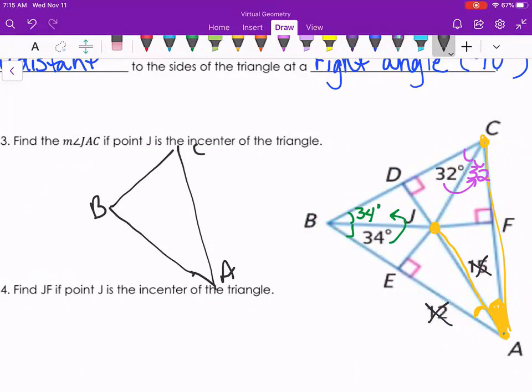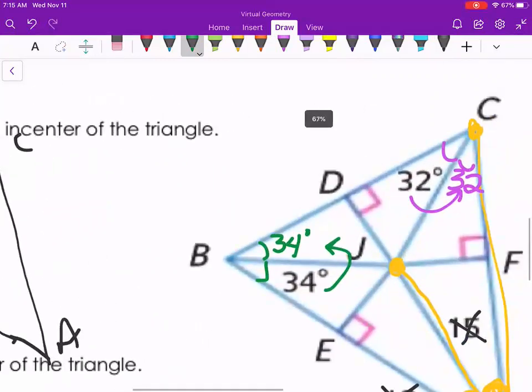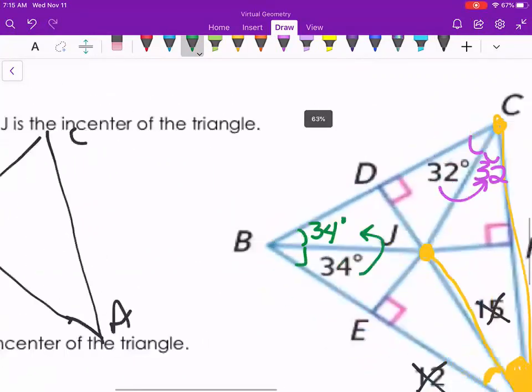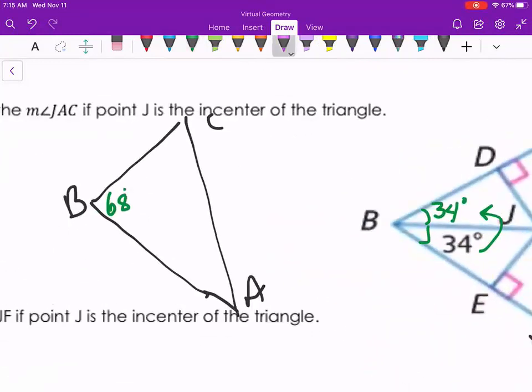At B, if we add up those two 34s, I have 68. At letter C, if I add up those two 32s, I have 64. So now in that big triangle, I really do have two angles out of the three that I need to figure out my missing third angle. So I can add those up.